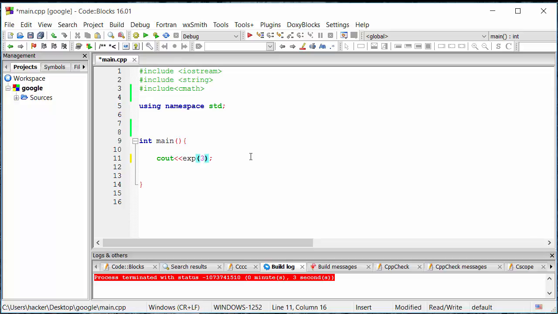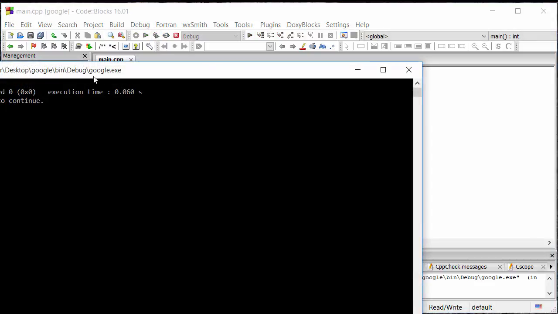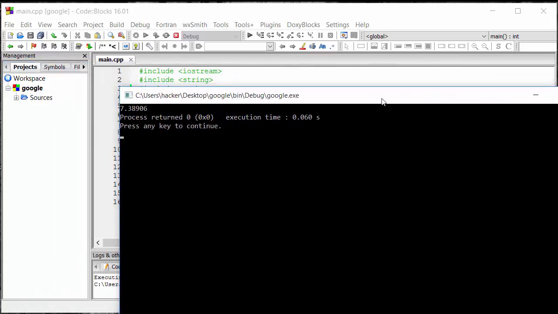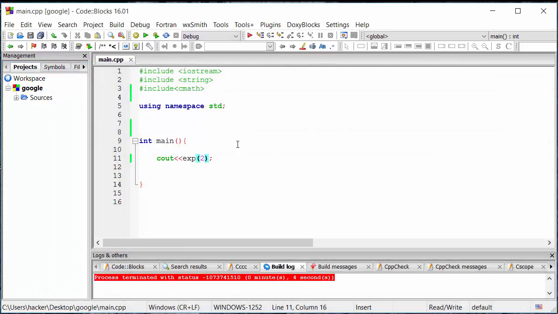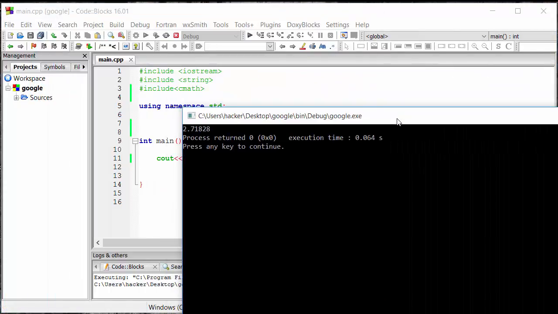If I write 2, it will be e raised to the power 2, and if I run this, it's something like 7.38906. If you write 1 here, you can know the value of e, because e raised to the power 1 is e only, so it's 2.71828.